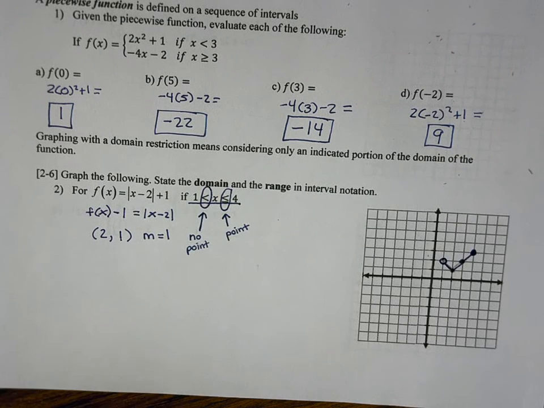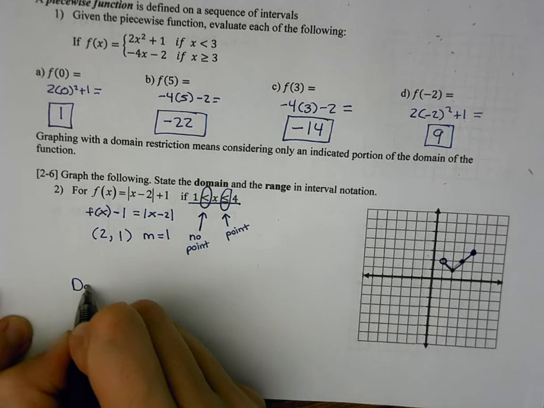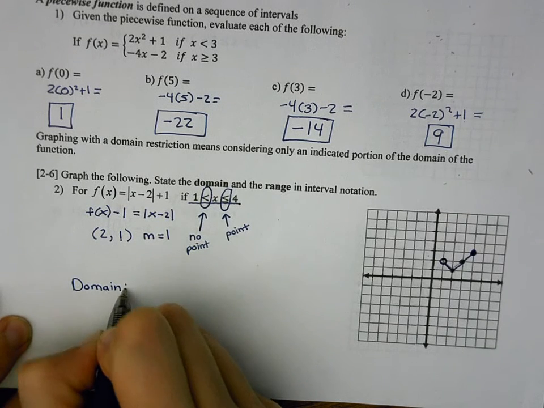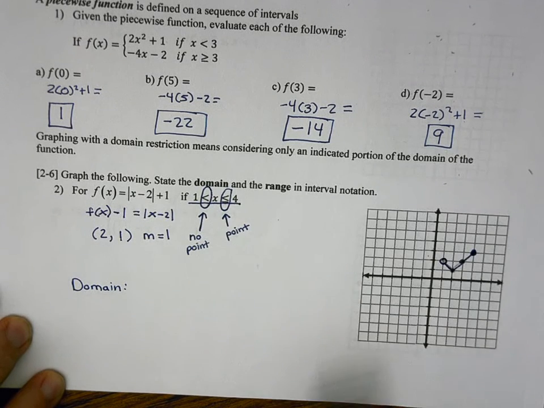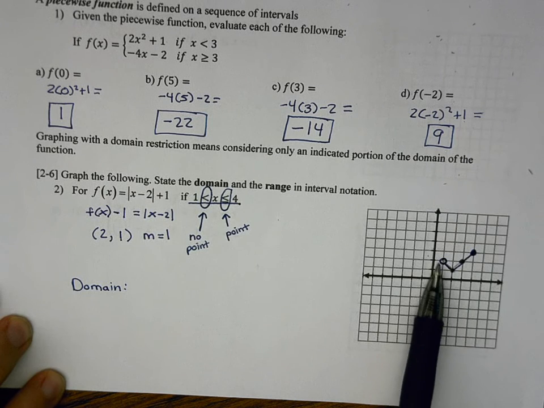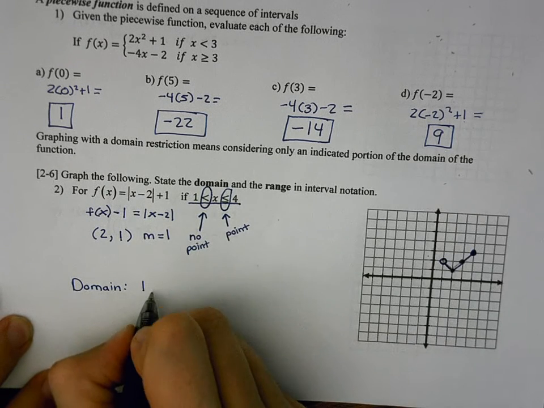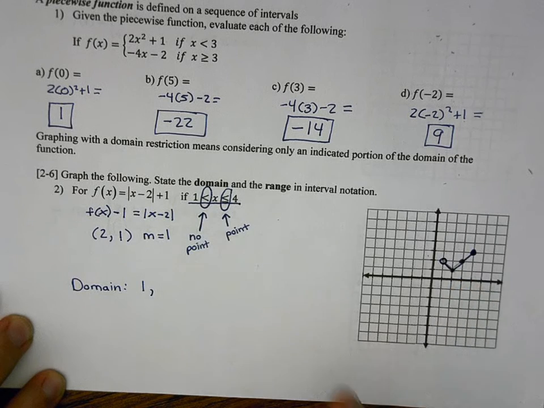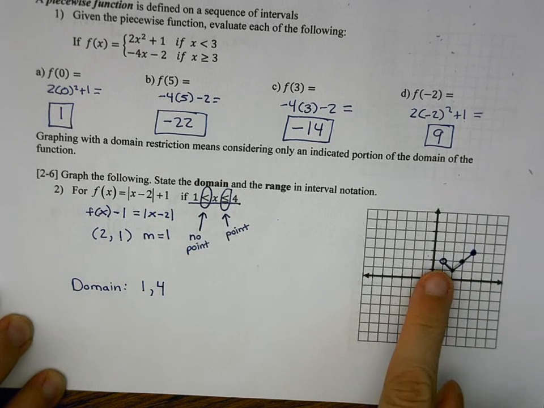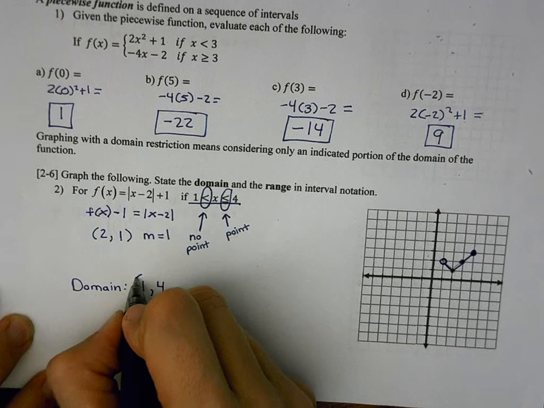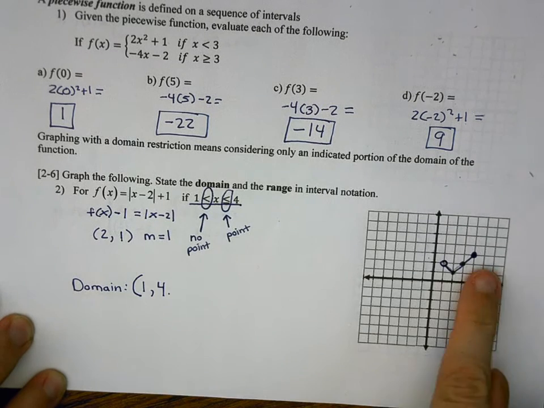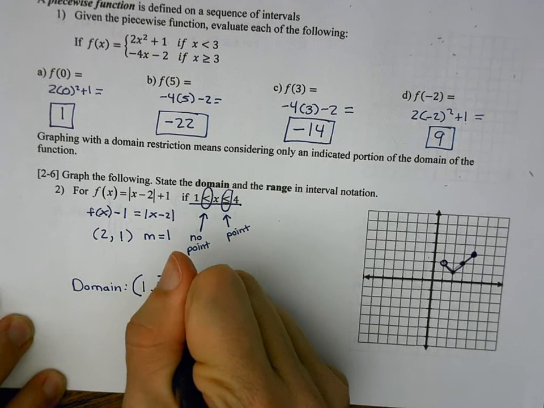Okay, and then domain and range, so that we can practice that a bit. Domain are my x values, and we're going to do them in interval notation. So my x values start here at 1 and go to 4. There is no point at 1, so I'm going to do a parenthesis, but there is a point at 4, so I'm going to do a bracket.